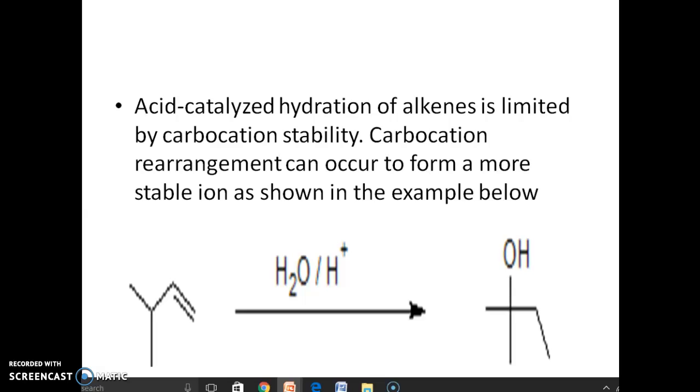We have already discussed the mechanism of preparing alkenes from the dehydration of alcohols. This reaction is just the reverse of that reaction, wherein water is added across the double bond of an alkene to form alcohols.